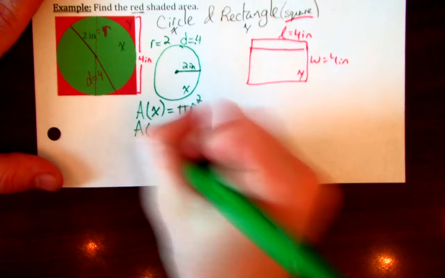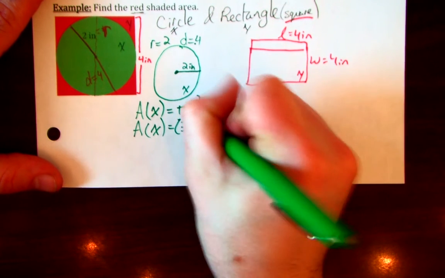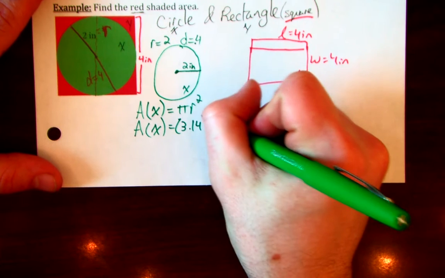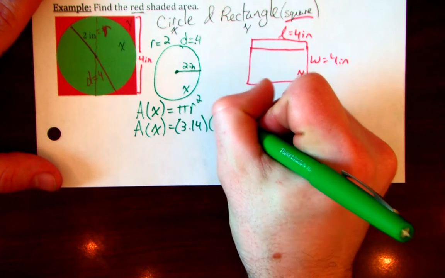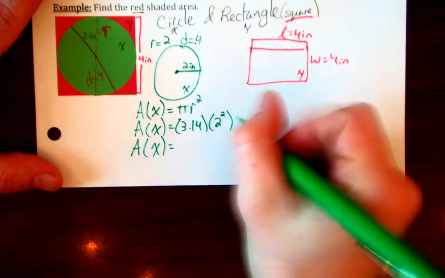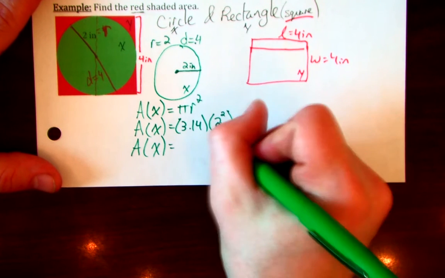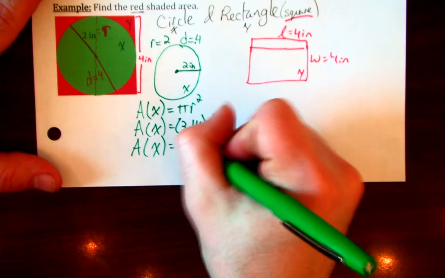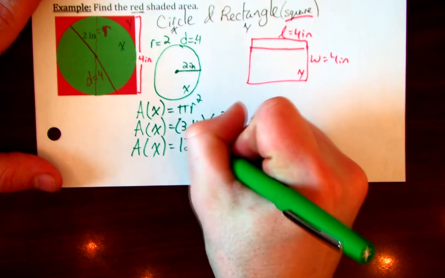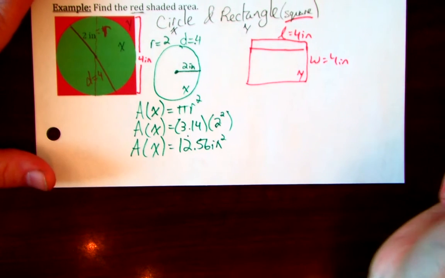So we use 3.14 times our radius squared. And so we have our area: 2 squared is 4, and 4 times 3.14 is going to be 12.56. Again, make sure you have those units in there as inches squared.